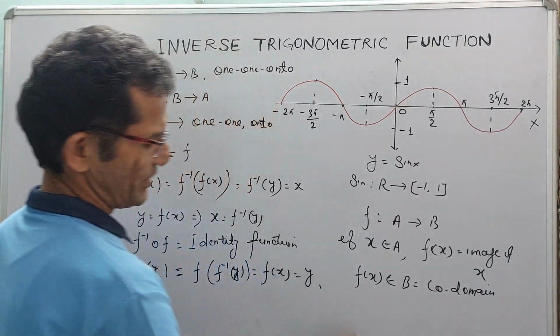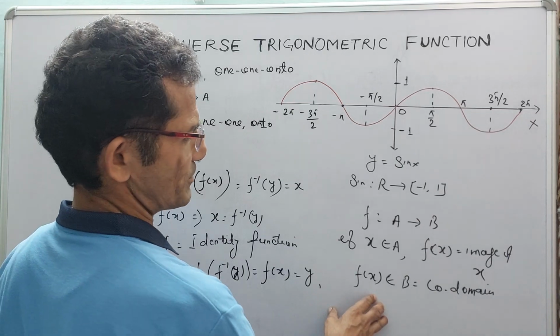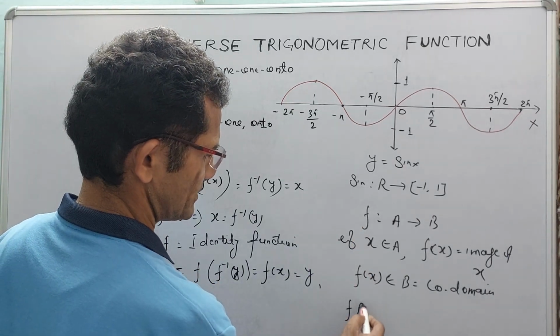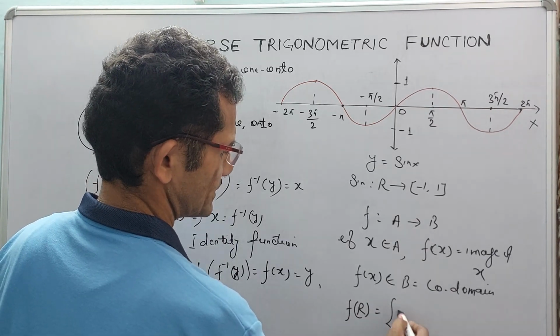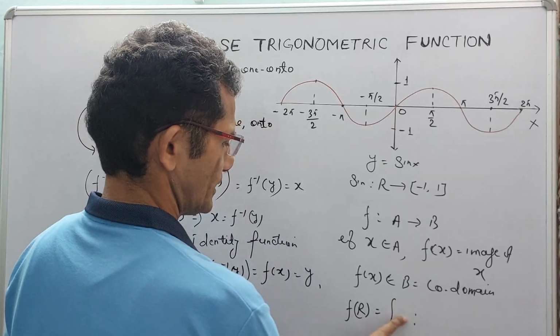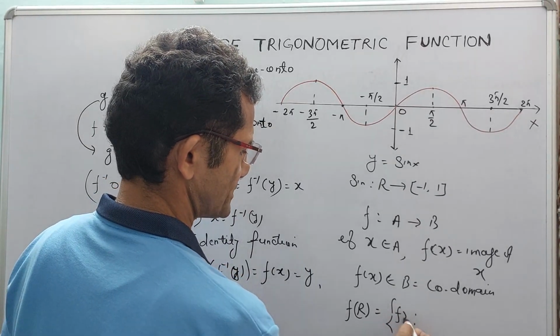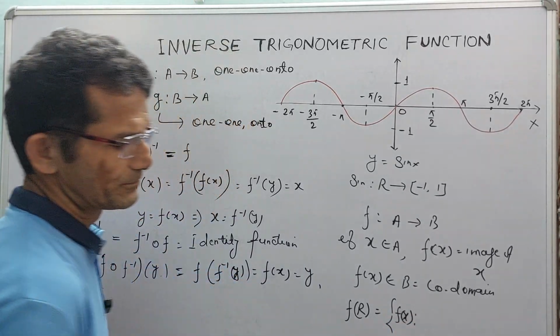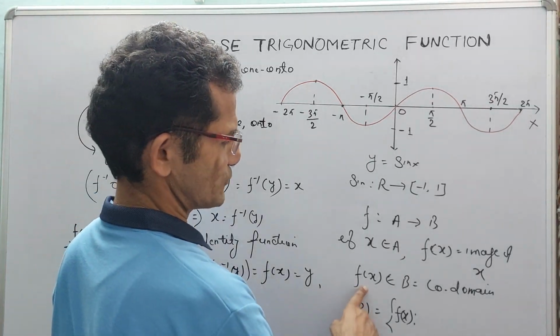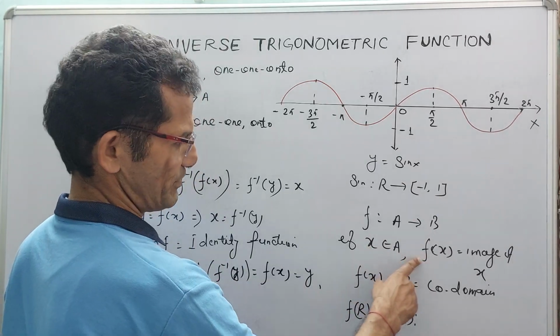And the set of all f(x) is the range of this function f. Therefore, the range of f is the set of f(x) such that x belongs to the domain, because those values are the values of f at x.